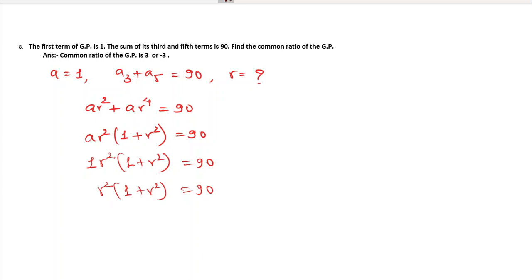And that double answer has to be explained. So for that you need to solve it with the help of quadratic equation, splitting the middle term, right? Okay, so R square plus R raised to 4 is 90.